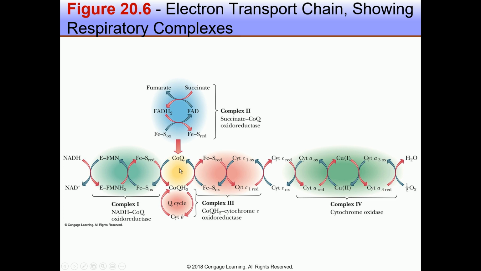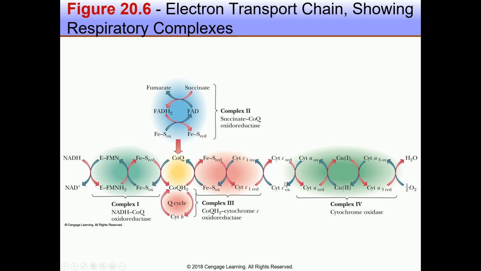Okay, coming back here, complex number 3 is called coenzyme Q. You can see it's written here, coenzyme Q with 2 hydrogens, which means it is a reduced form. So coenzyme Q received the electrons from this complex, it received the electrons from this complex, and it got reduced.